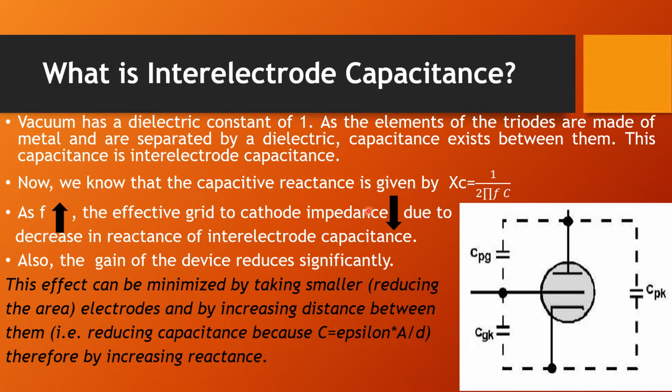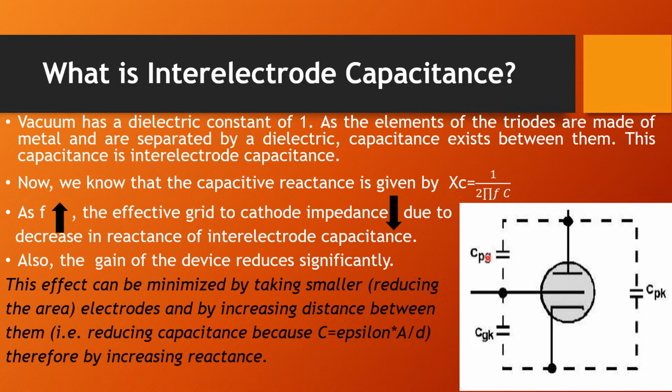At microwave frequencies, what happens? The capacitive reactance becomes very low. At high frequency, the value of Xc is very low. So as Xc reduces, the microwave frequency can be considered as approximately equal to infinity, so Xc becomes approximately equal to 0.